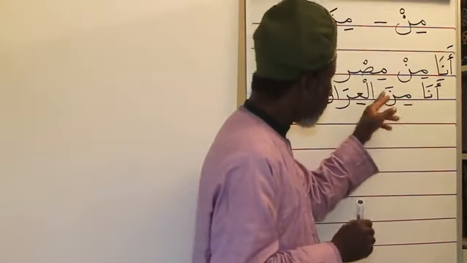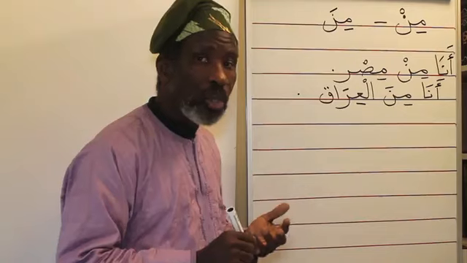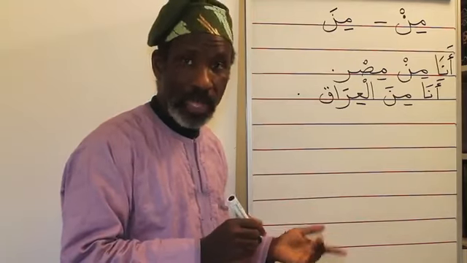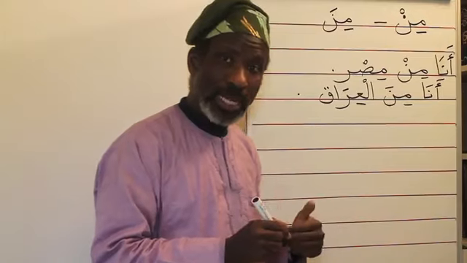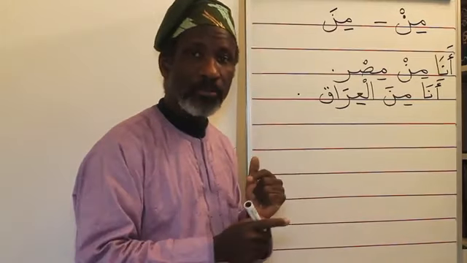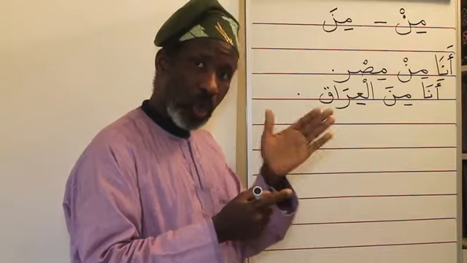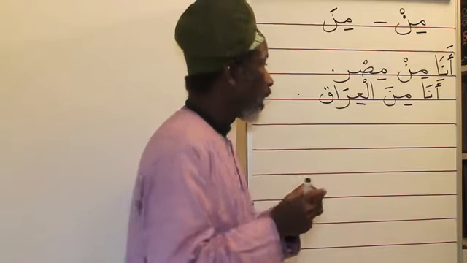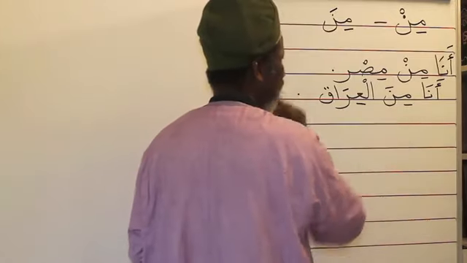So, ana min al-Iraq. Any name of a country, or any word for that matter, if it has sukun and you have min before it, that min will change to mina. Not min, you say mina, because sukun requires that fatha for link. So ana min Misr, ana min al-Iraq.